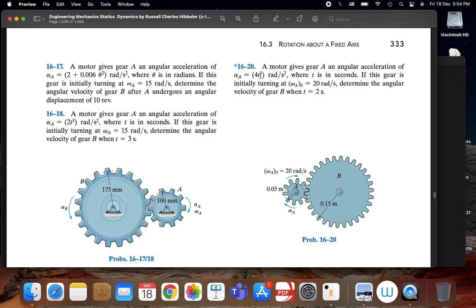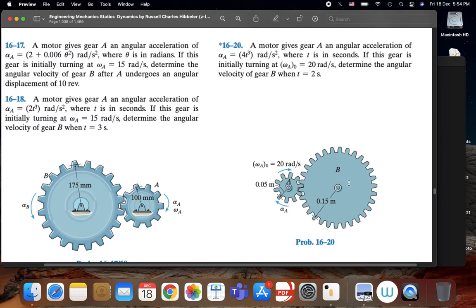As the time increases, the angular acceleration of gear A would also increase. If this gear is initially turning at an initial angular velocity, omega A, of 20 radians per second, we need to determine the angular velocity of gear B at time equals 2 seconds.